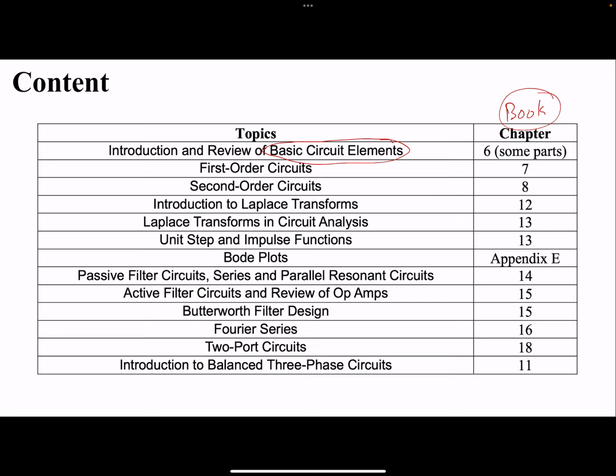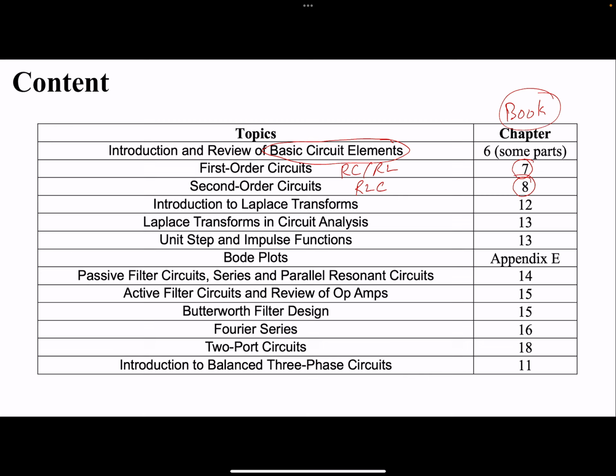Then we will spend a couple of weeks on first order circuits from chapter 7, and another 1.5 to 2 weeks on chapter 8. First order circuits are your RC and RL circuits, and second order circuits are where you have both energy storing elements, inductor and capacitor, with a resistor in the circuit.